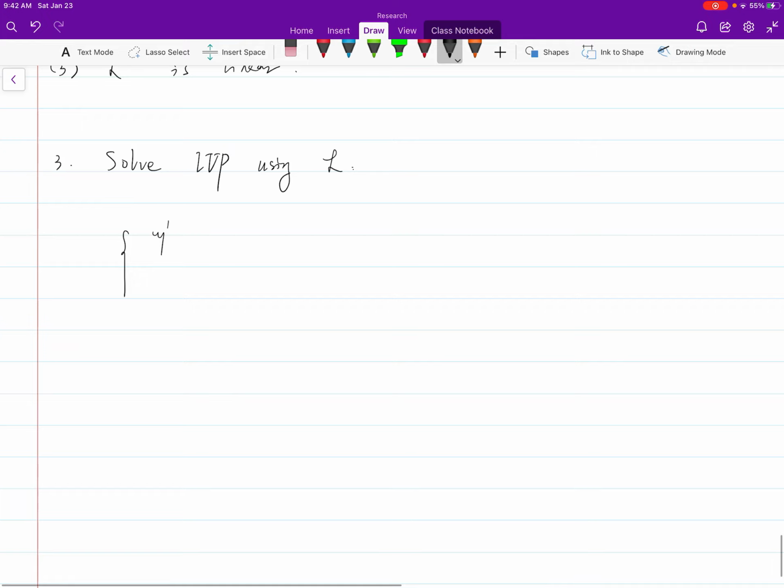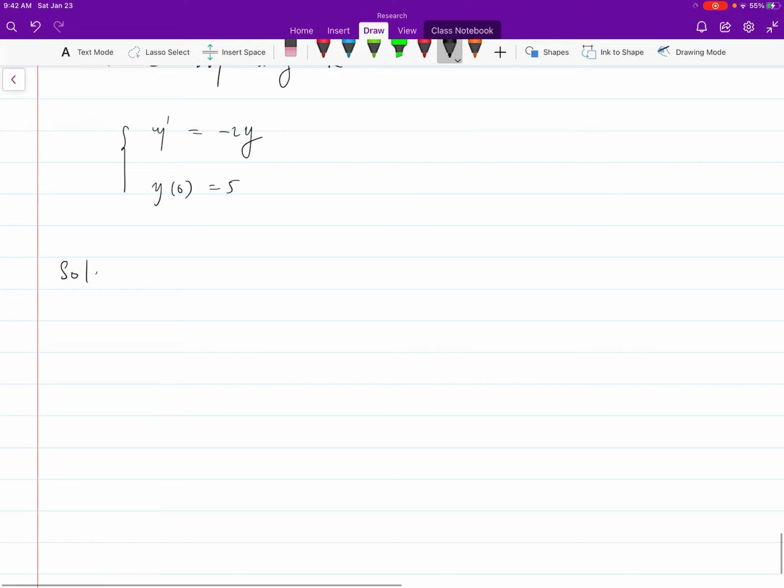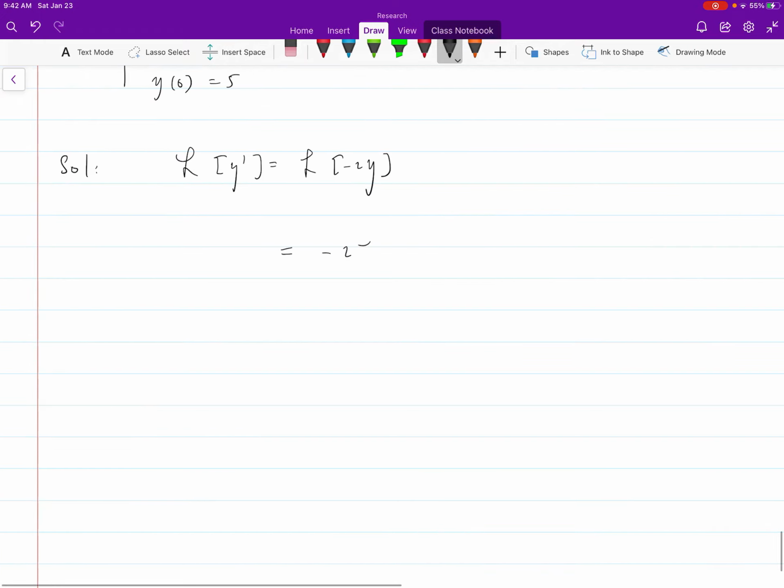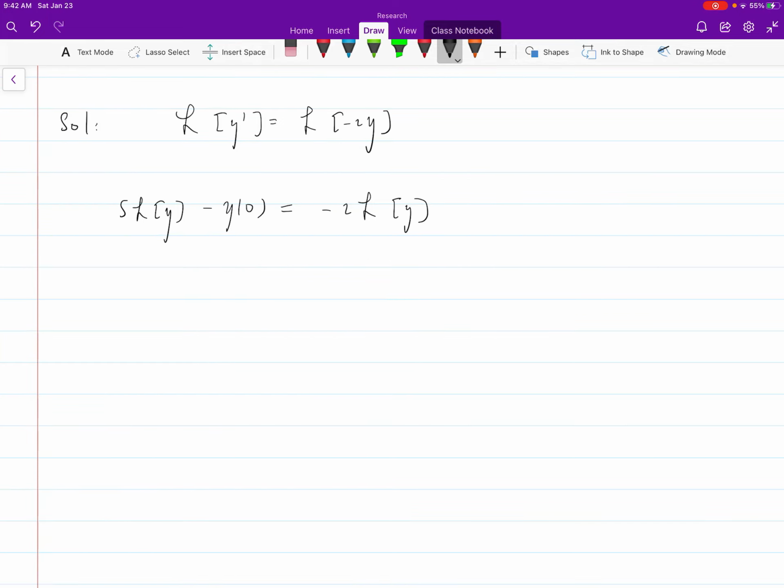Okay, so let's finish this problem, but this time let's write down the full solution. Formally, L y prime equals L negative 2y. For the linear property, I can take the negative 2 out. For the derivative property, I can take the derivative out, add s, and add the initial value.